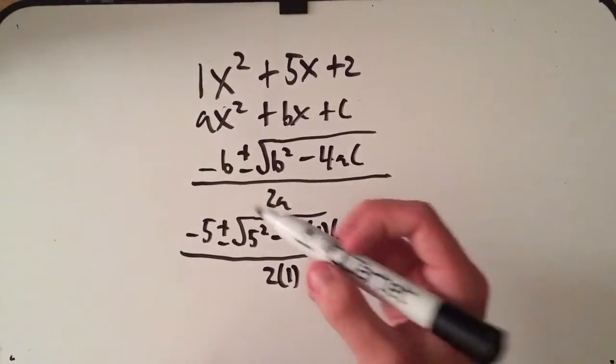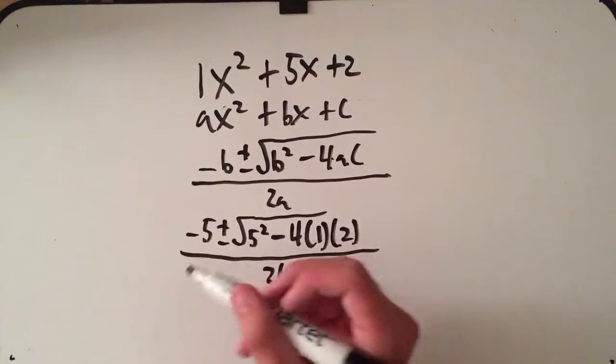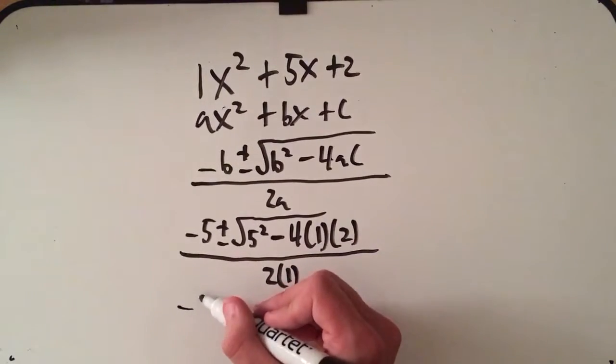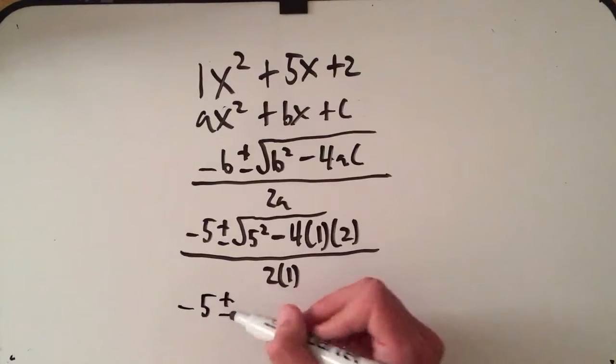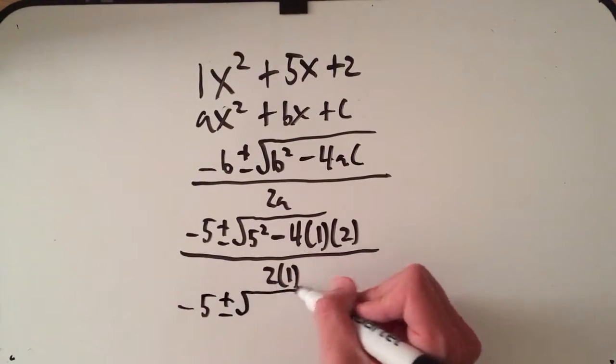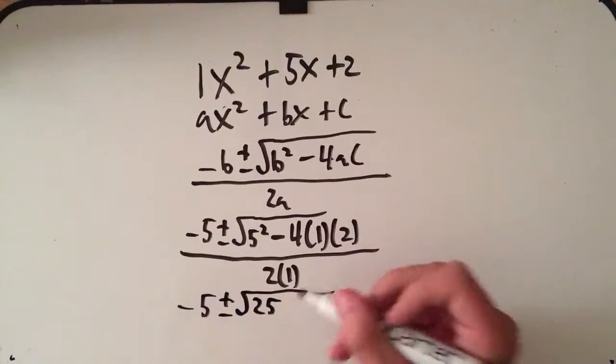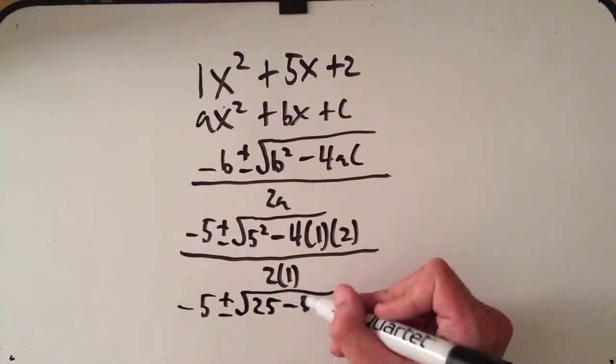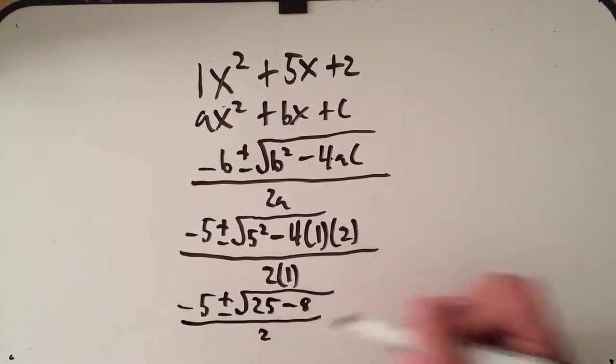So if you just go ahead and keep solving, for negative 5 plus or minus, that would be square root of 25 minus 8 all over 2.